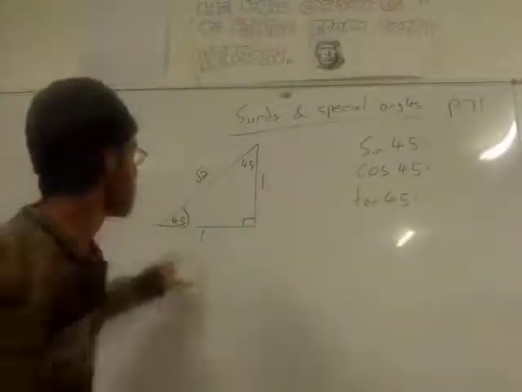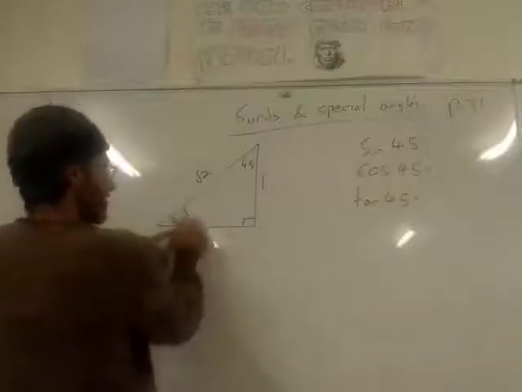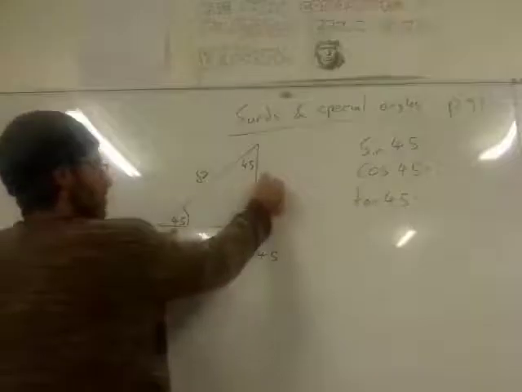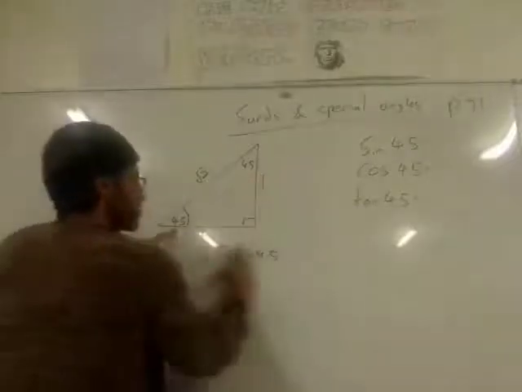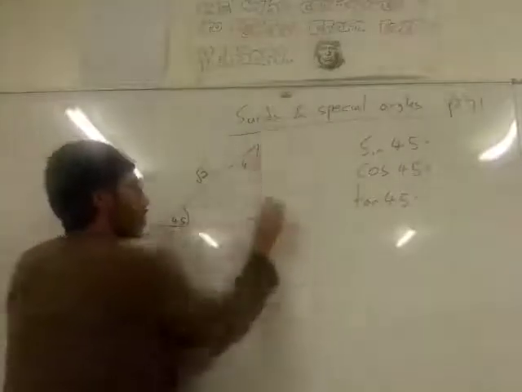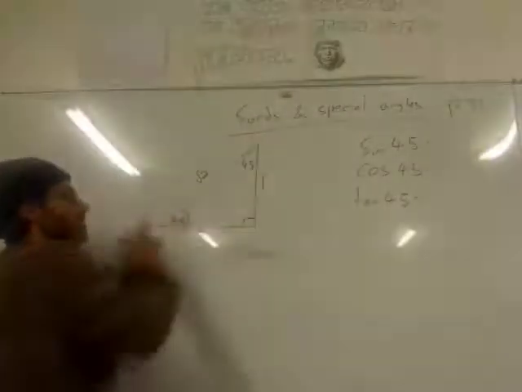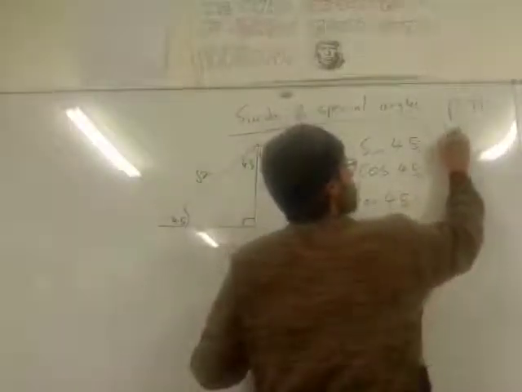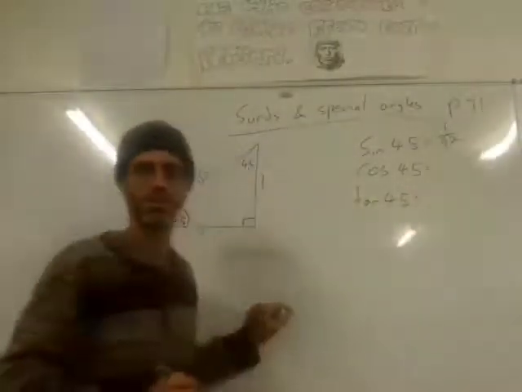But now we can calculate this. What is sine 45? I'm looking at this 45. So sine 45 is the opposite side divided by the hypotenuse. So it's 1 over square root 2.